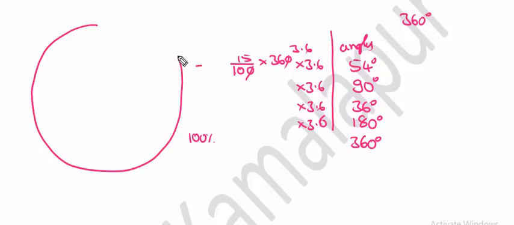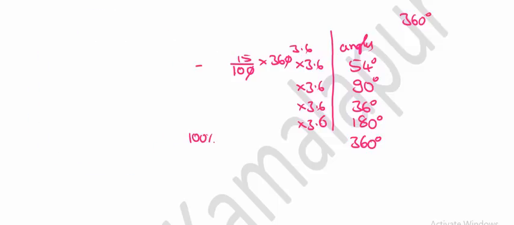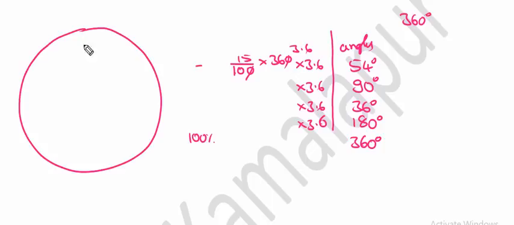I say 6 centimeters so that the protractor, which is 5 centimeters, fits inside. Then mark the center and draw a radius here.